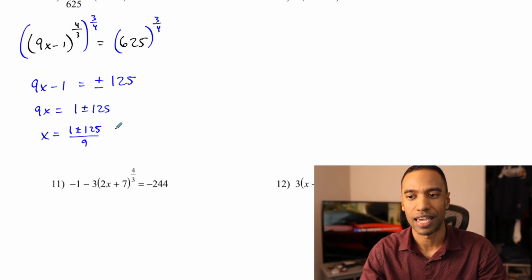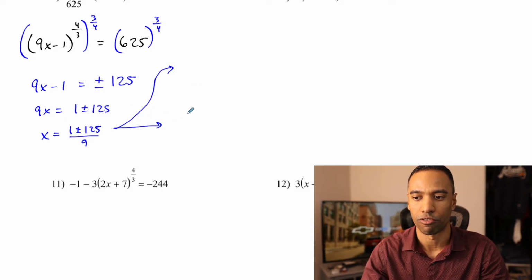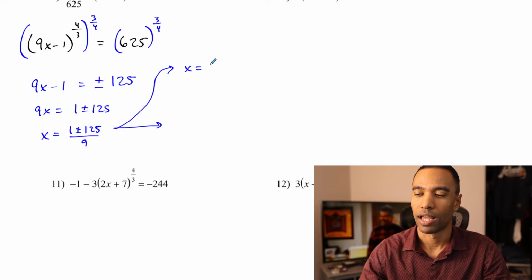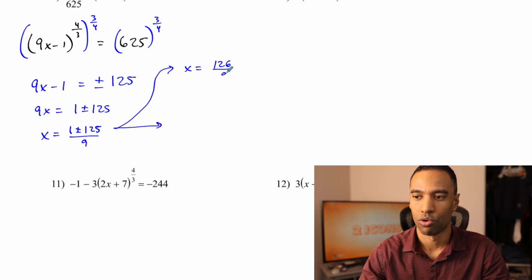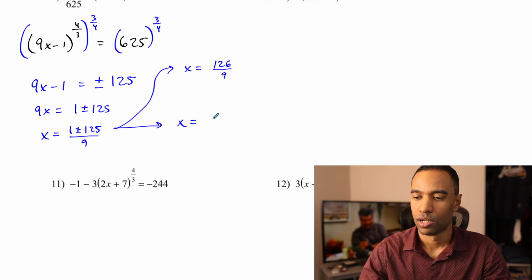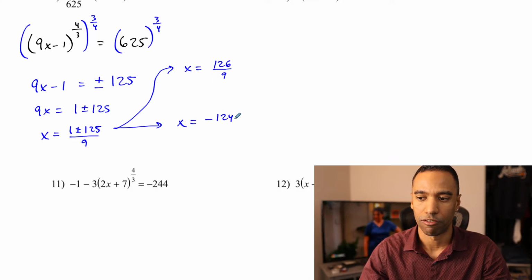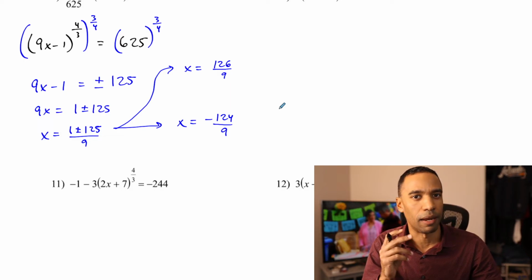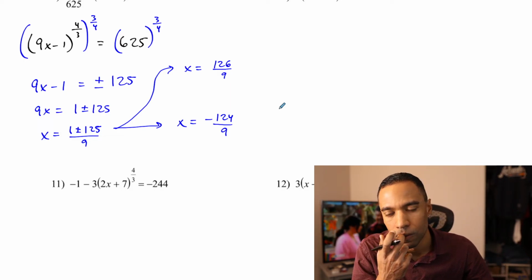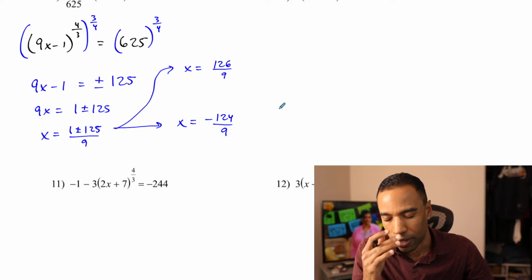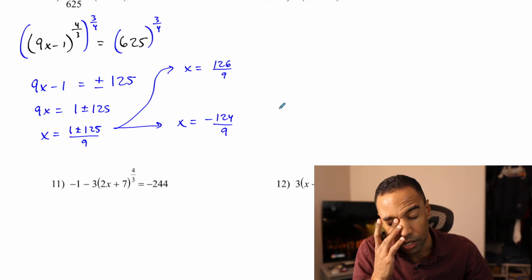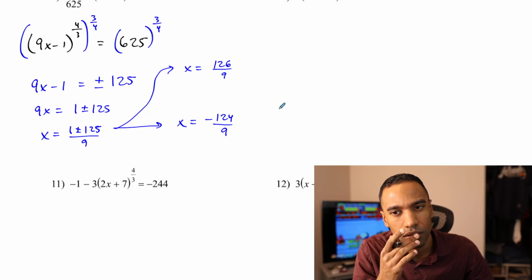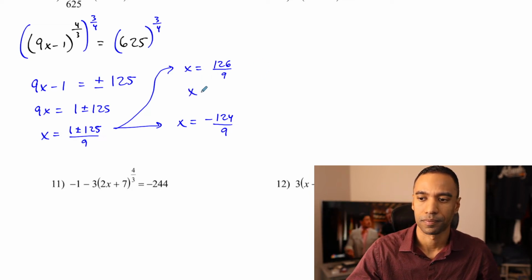Once again, let's get those two different answers out from that. It's either 126 over 9 or negative 124 over 9. Can these divide by 9? 126 can divide by 9. I just know 1 plus 2, anyway. 90, 36, 14? 14, I think.